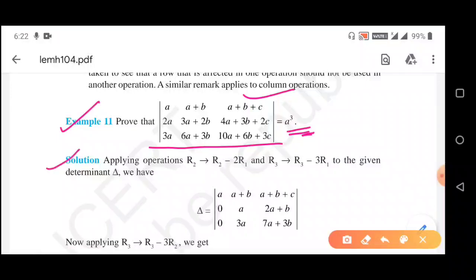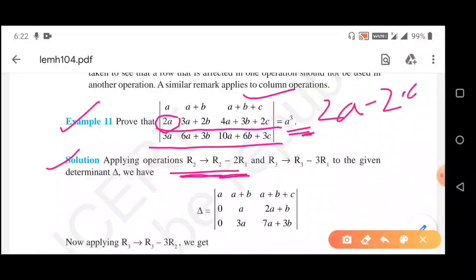Here in the solution, applying the operation R2 replaced by R2 minus 2R1. Now see, if you take this 2A and apply R2 minus 2R1, then 2A minus 2 into A, so in place of this 2A, we will get 0.